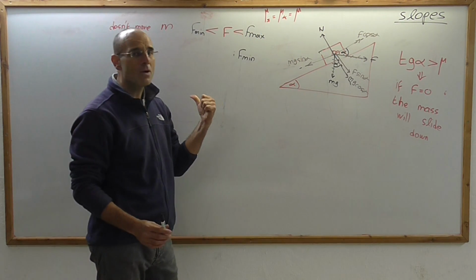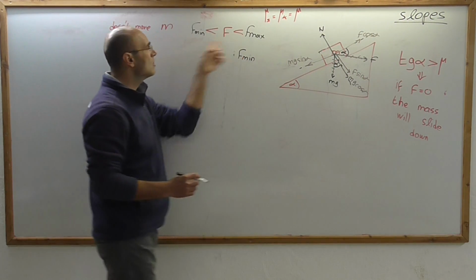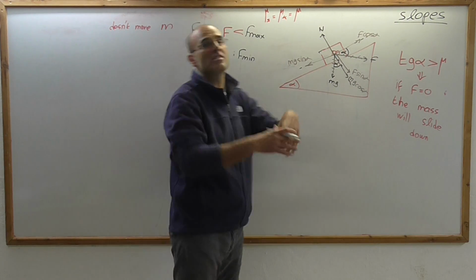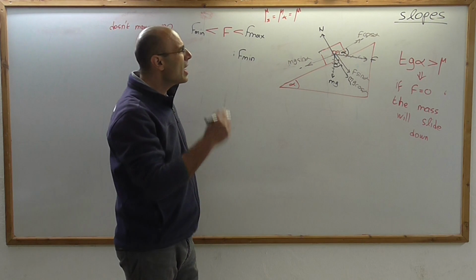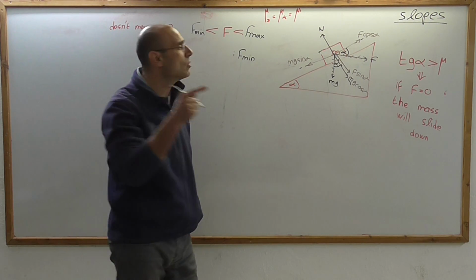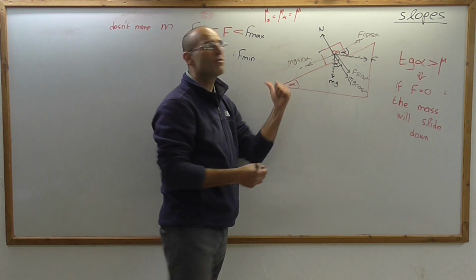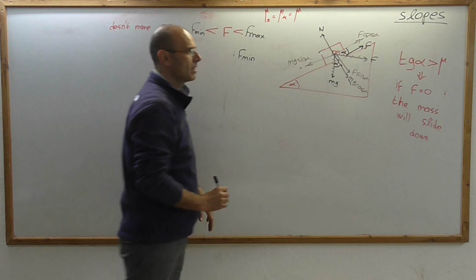And F maximum means that it won't move that way. This is the idea of this question. Because we know that if F is 0, obviously it will go this way. So I want the F minimum I need in order for it not to move that way. So if the tendency is to move that way, I'm applying the friction force this way.